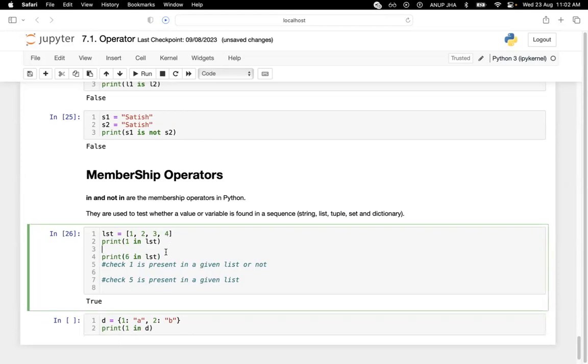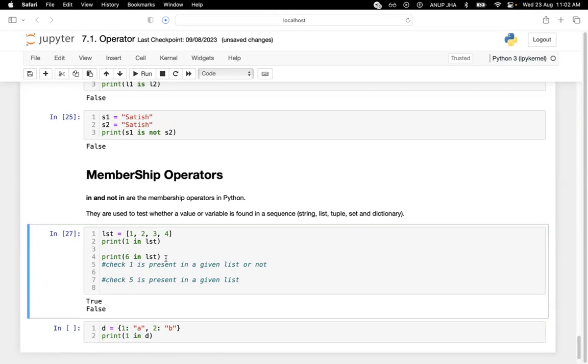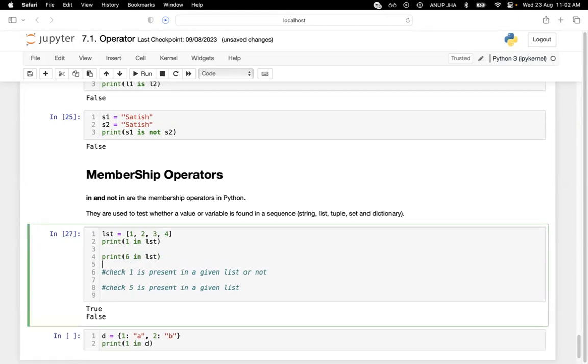False. Why? If I write it like this, print 5 not in LST, what value shall I get? True. Correct.